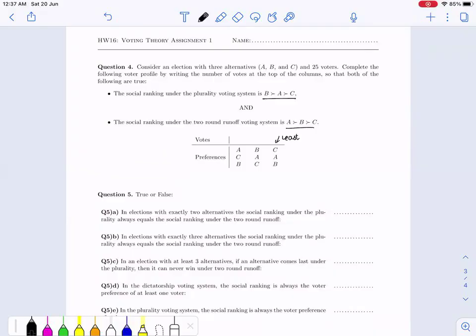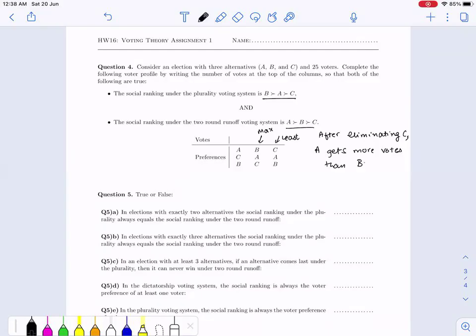And B should have the max number of top votes, but it should be in a way that after eliminating C and redistributing the votes, A gets more votes than B.